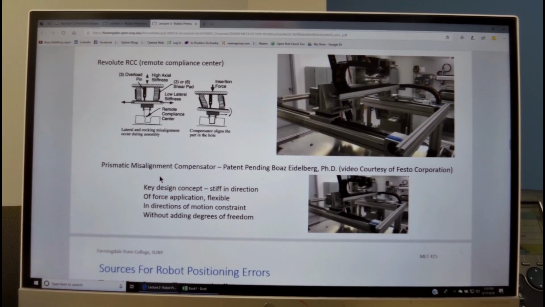Another misalignment compensator, which is actually now patent pending, one of them by my name with the support of Festo Corporation, is shown over here.